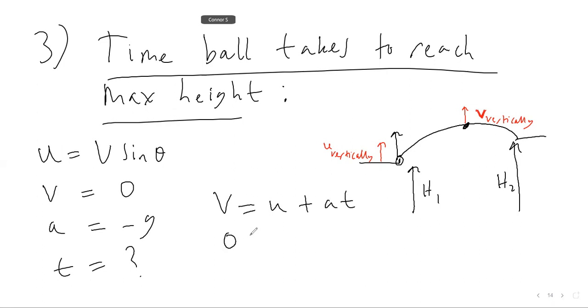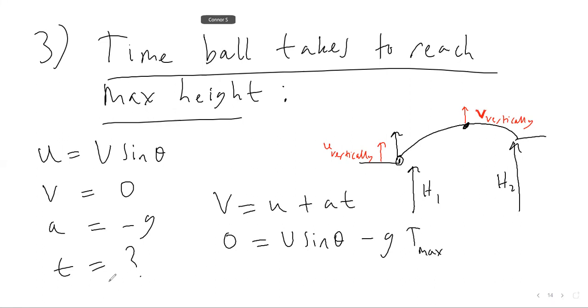So final speed is 0. That's equal to u, so this initial u sine theta, plus, well, a is negative, so we've got negative g, times the time. Let's call this time max. I don't mean the maximum time, I mean the time it takes to get to the maximum height.